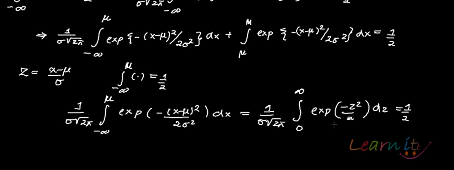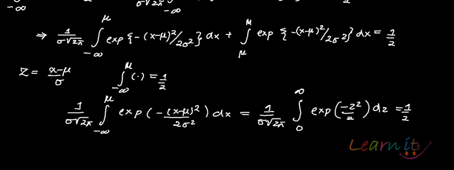Is that okay? So what you have done is, the first one: when x is equal to minus infinity, then z would be equal to minus infinity, and when x is equal to mu, then z would be equal to 0.